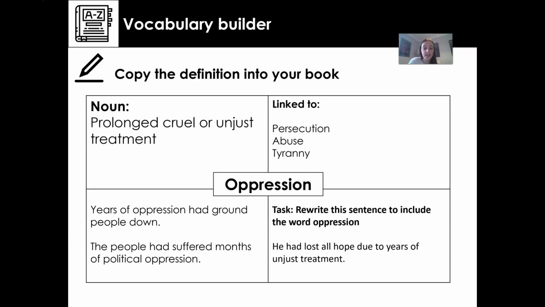So you can see here, years of oppression had ground people down. So not being treated fairly and being treated cruelly had a really negative impact on their lives. The people had suffered months of political oppression. Okay, I'd like you to write down the word and definition now, please.